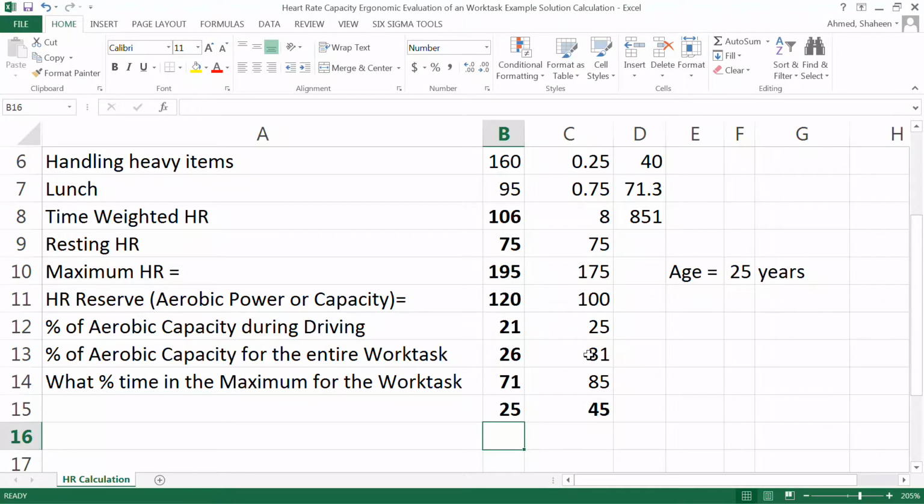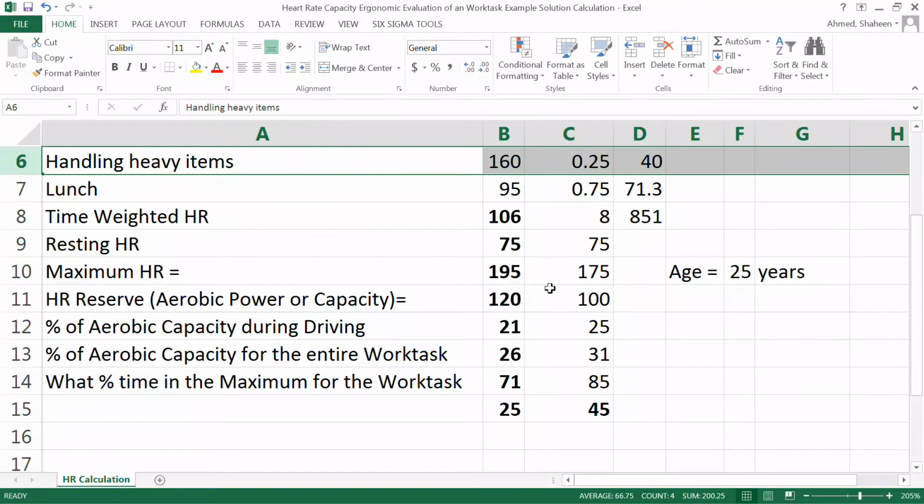So the 25 year old will be just perfectly fine with this job. The person will not be tired or fatigued. If you look at that 85 now, 85% of the max is the anaerobic zone. So if a 45-year-old works at this rate, it's going to be anaerobic.